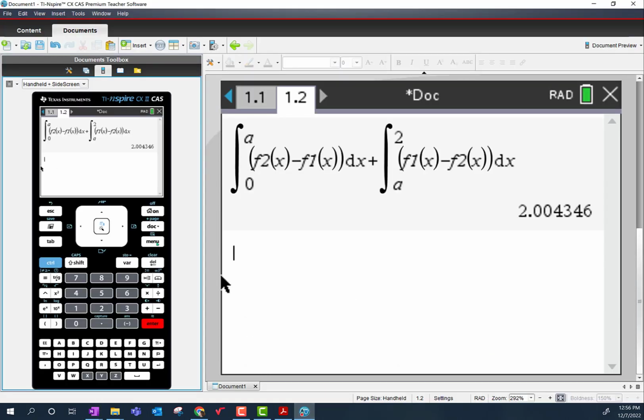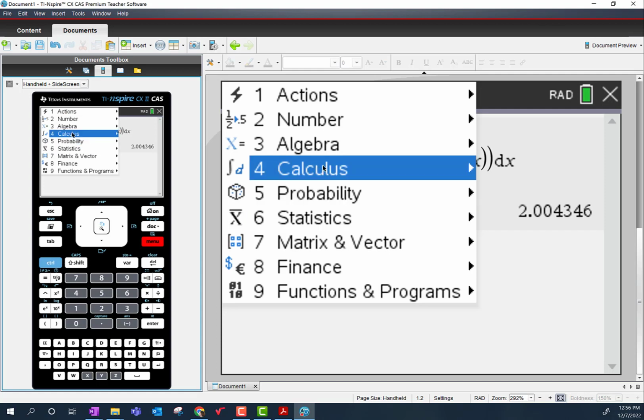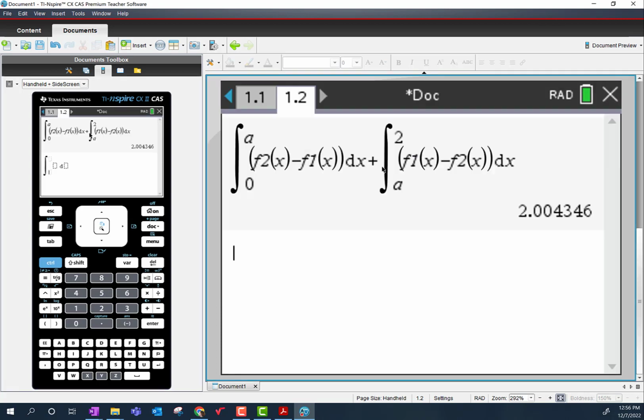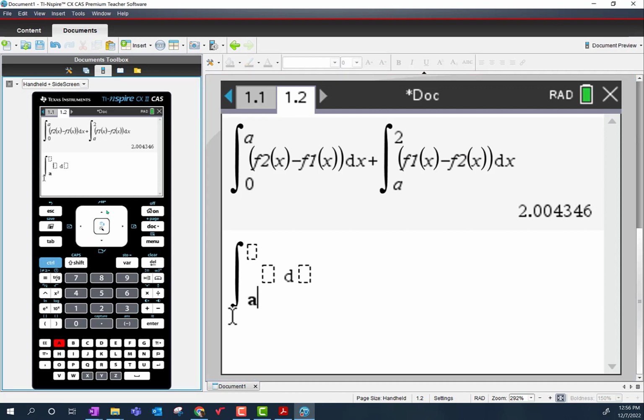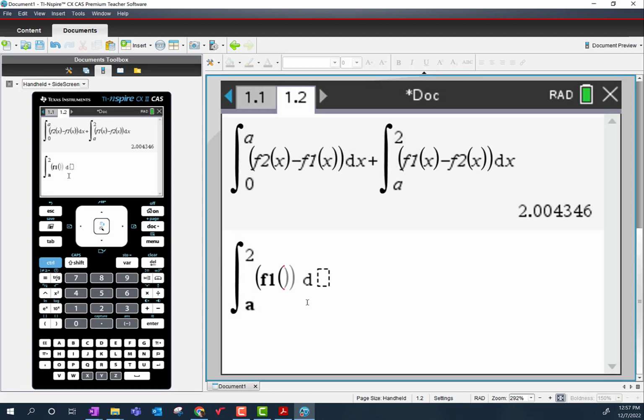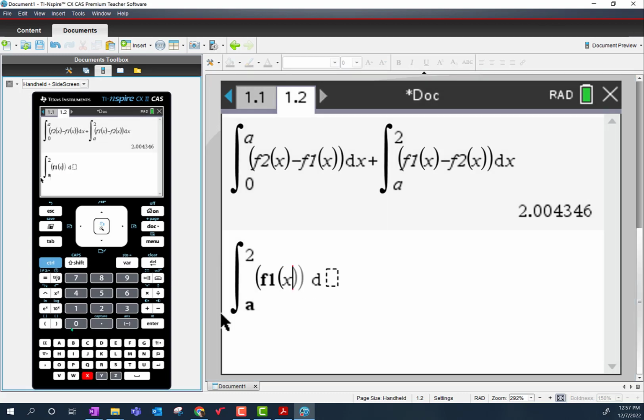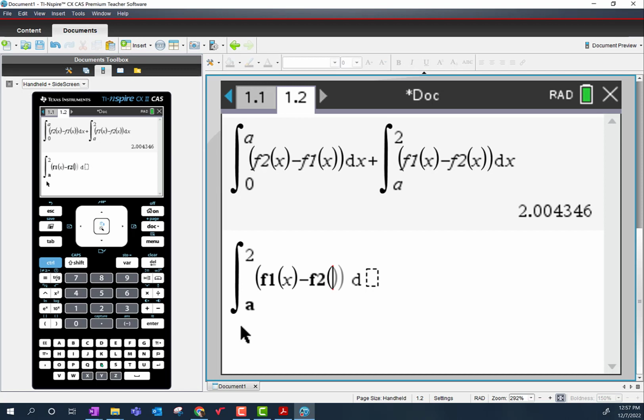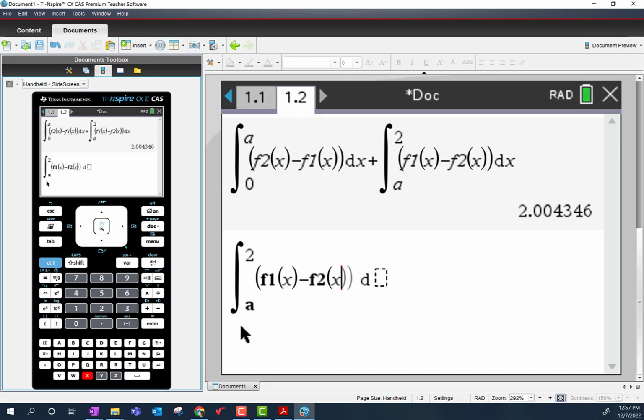Great. So we're going to get our calculus menu, calculus, integral. We're going to go from A to 2 of parentheses. This is going to be F minus G. So it's the first function, which is F1, minus the second function, which for the way we input it is F2.